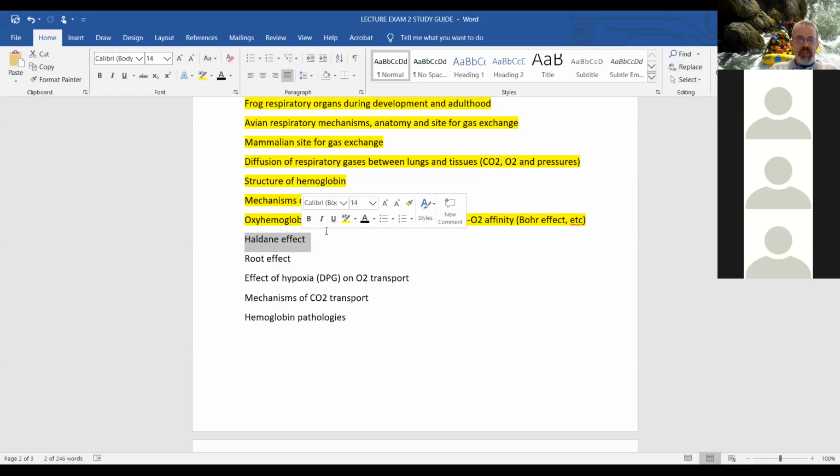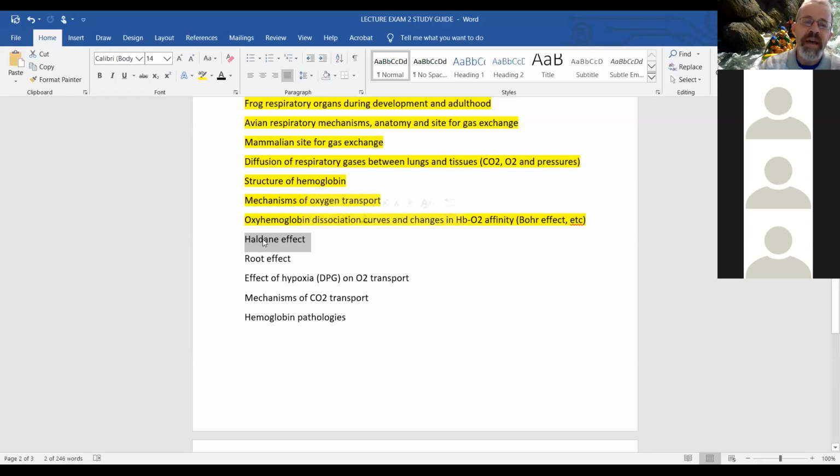Another effect that I mentioned that is very common in fish, primarily very muscular fish, like tuna, probably salmon, I'm sure, but also eels, is called the root effect. And this also increases delivery of oxygen to the tissues, but in a much different way.